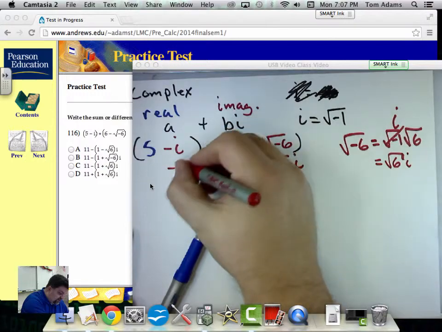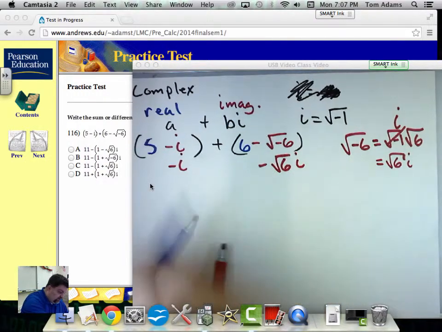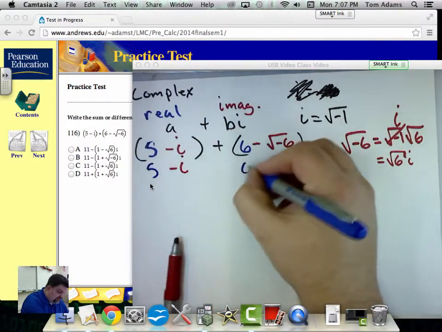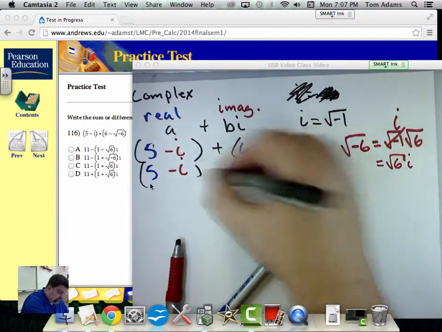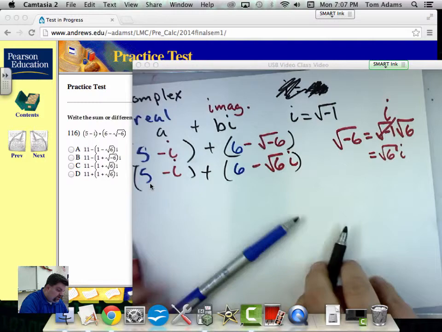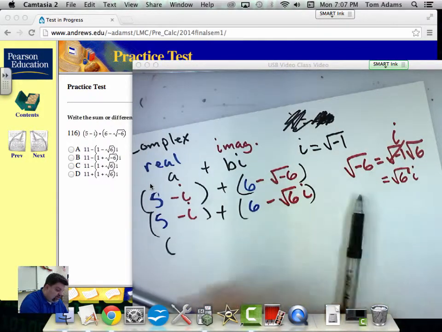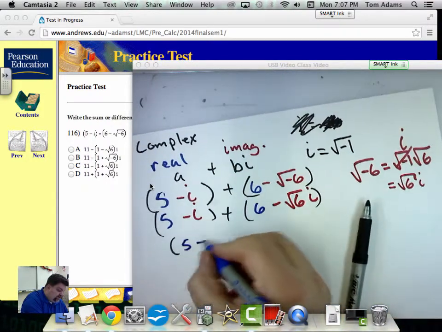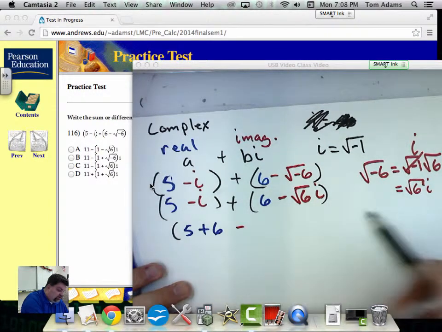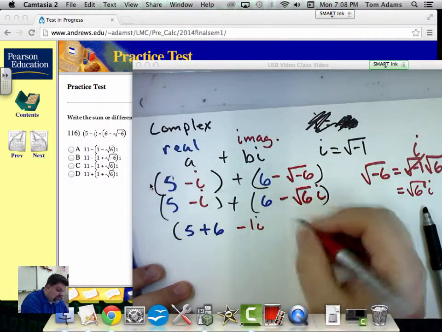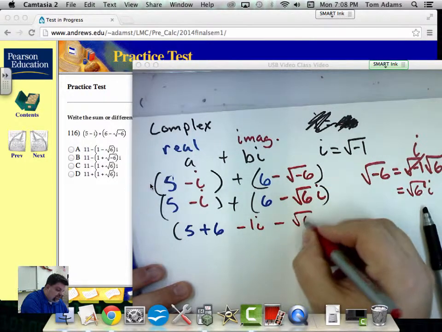And everything else is kind of the same. So I'm going to have my 5 here and my 6 here. So when I go to add these, I am going to add the reals, 5 plus 6, okay. Then I'm going to add the imaginaries, which is negative 1i minus the square root of 6i.